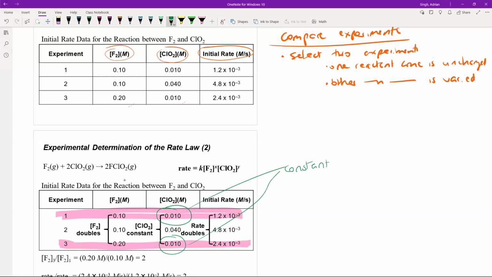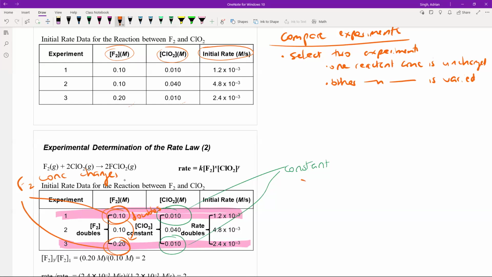In those same two experiments, what we're varying is the concentration of the F2. Specifically, it goes from 0.1 to 0.2, that's a doubling of that concentration.